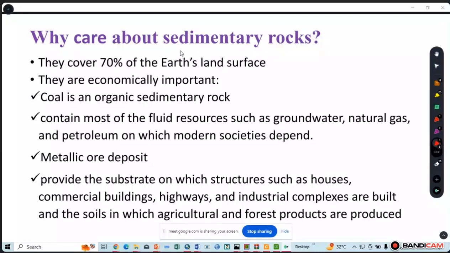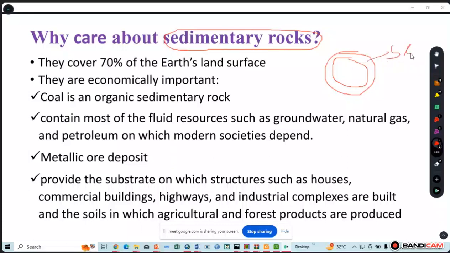Okay, suppose this is the earth surface. The outer surface of the earth is mainly covered with sedimentary rock. The total coverage of sedimentary rock on the earth surface is 70 percent.